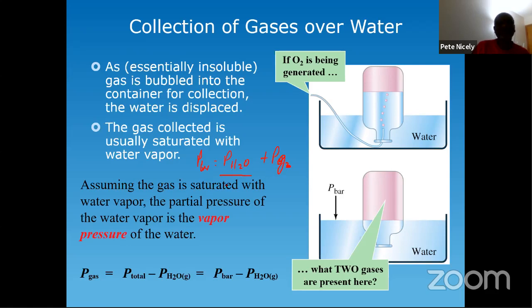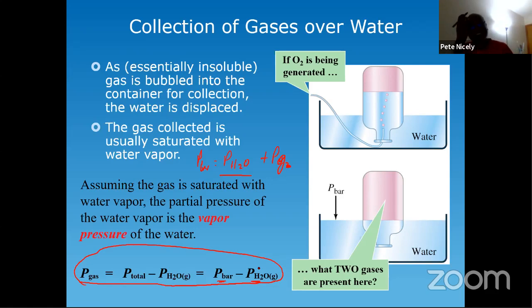So therefore, if this is true, then down here, the pressure of the gas will be equal to the barometric pressure minus the vapor pressure of water, all right?